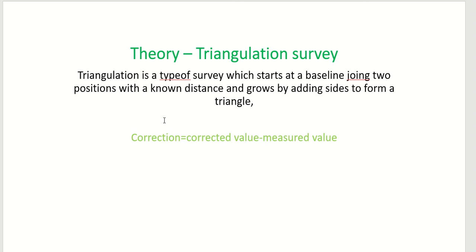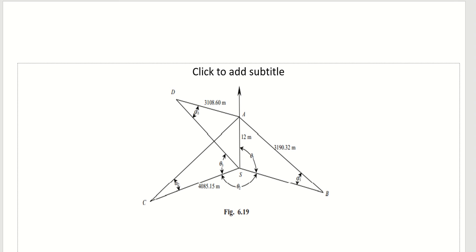Here is the satellite station S and A is the triangulation station, and the distance between them is 12 meters. SA is the baseline, and we want to survey this area.